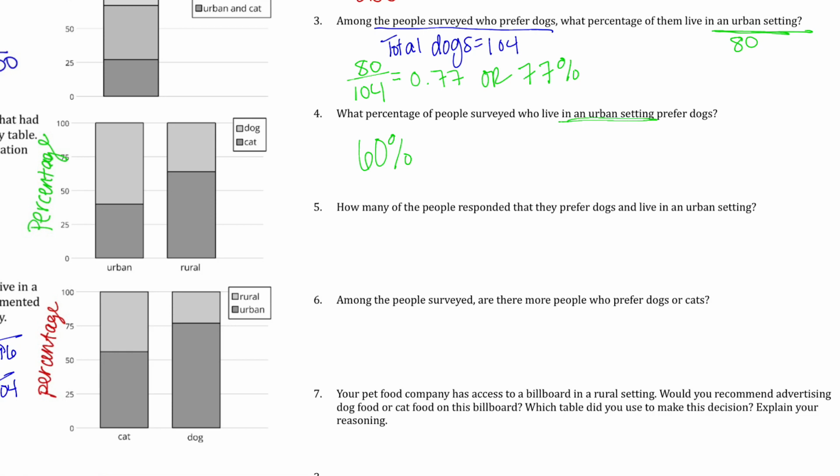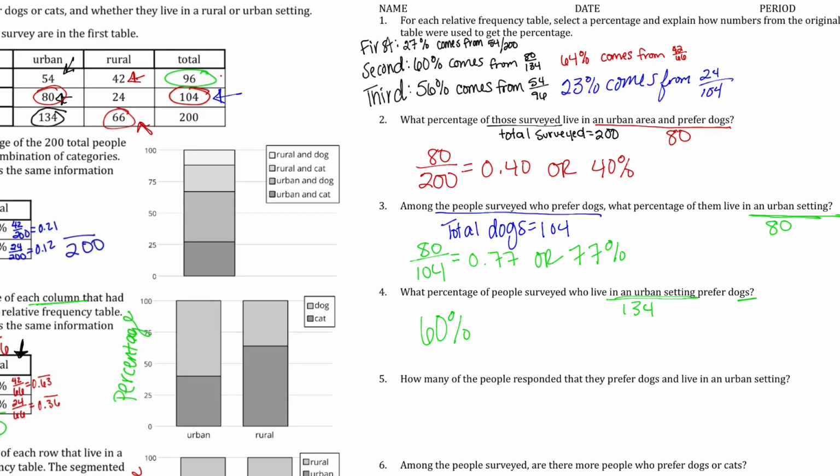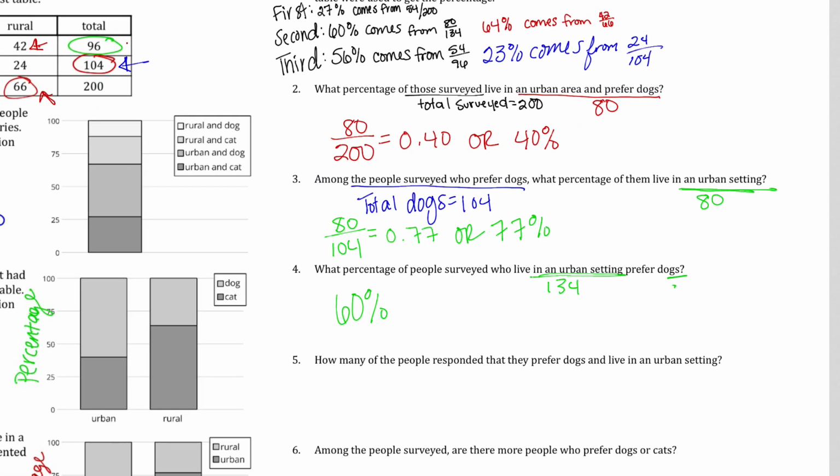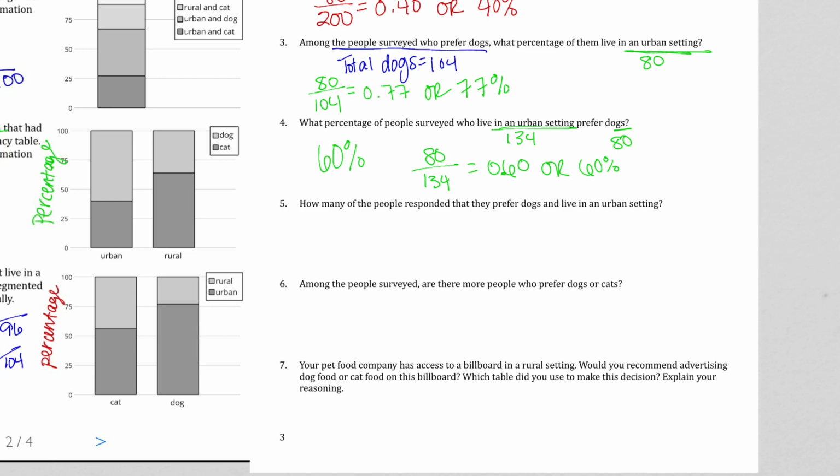If we wanted to calculate this one, we would say 134 people who live in an urban setting, and those who prefer dogs would be 80. So 80 divided by 134 is 0.60 or 60%.